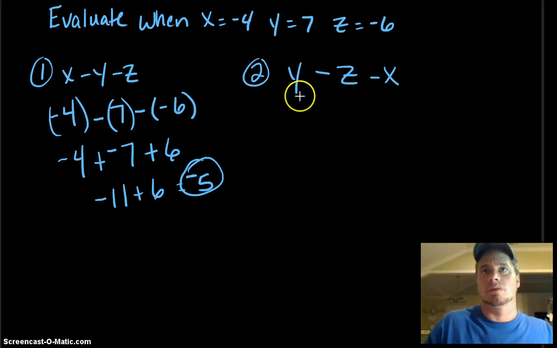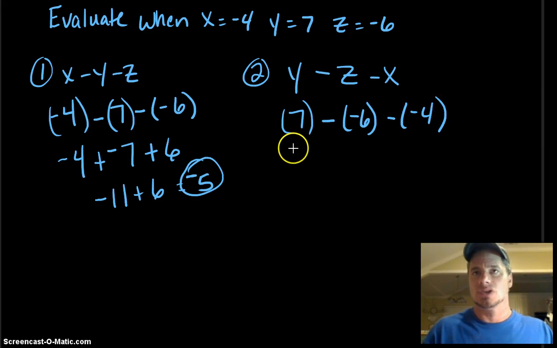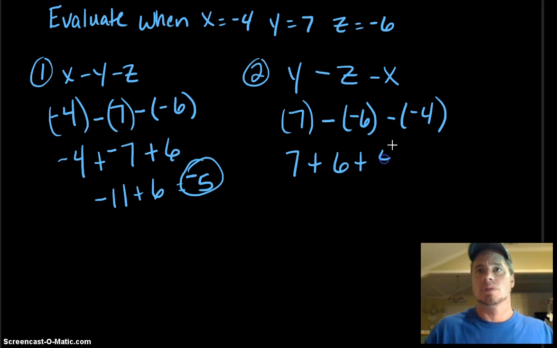Let's do one more, and we're finished. Okay, we have a 7 in for y, just putting it all in parentheses, minus, let's put negative 6 in for z, minus, let's put negative 4 in for x. Okay, change everything to addition. So 7 plus, let's take the opposite of negative 6, which is positive 6, plus take the opposite of negative 4, which is positive 4.